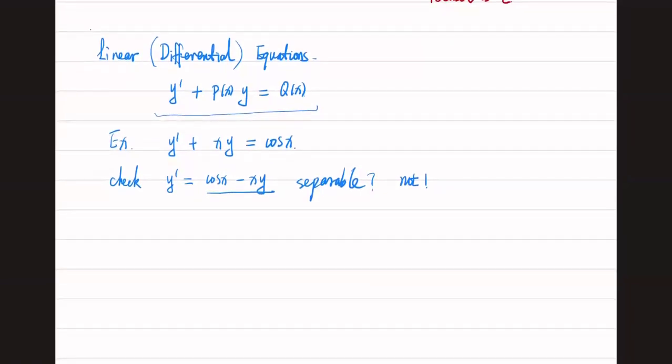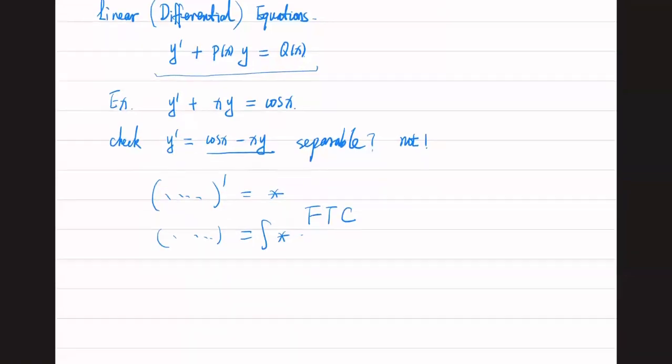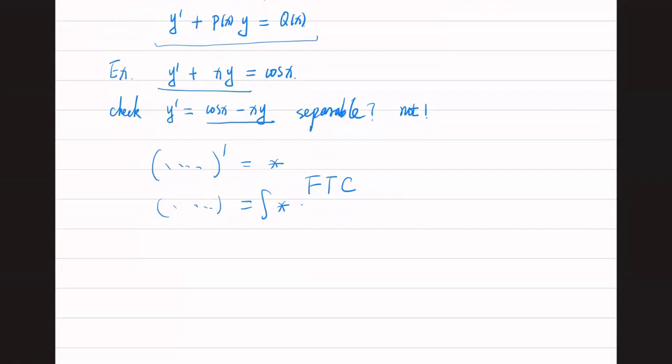So another method: we want to try to make this side something we can apply the fundamental theorem of calculus to. If we can write this as the derivative of something, I don't know what it is, then the fundamental theorem tells us this thing will be the integral. To make this a derivative, it's not something derivative, it's y derivative plus xy.